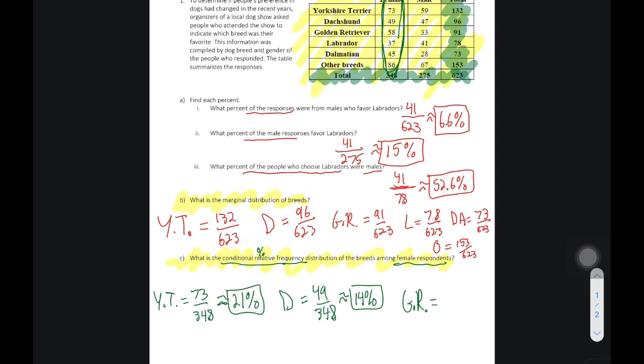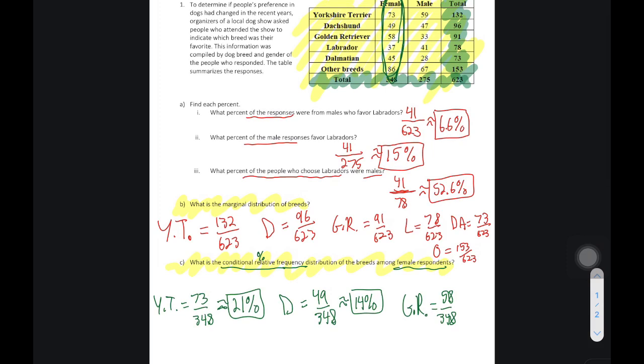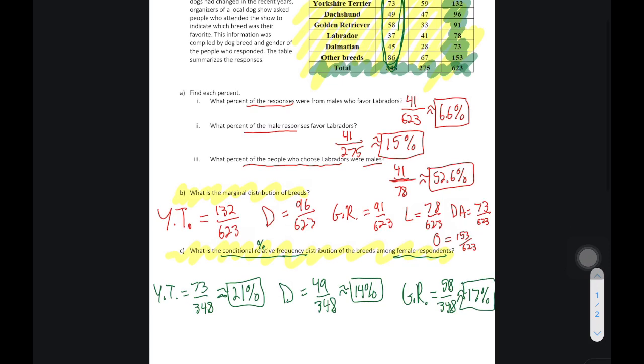Golden Retrievers, we have 58 out of 348, which gives you about 17%. Labradors, 37 out of 348.